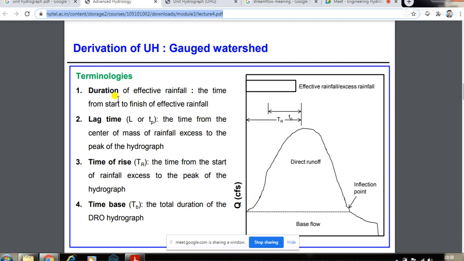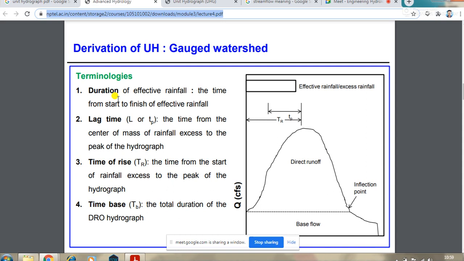Then the third definition is time of rise. OK, time of rise, see next to it is written TR. It is the time from the start of excess rainfall to the peak of the hydrograph. In this particular figure, you can easily identify TR. When the start of the excess rainfall was taking place, it was considered as zero, and the peak, that is the highest point of the graph, is the peak of the hydrograph.